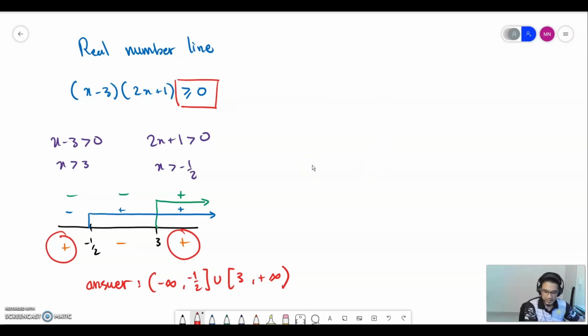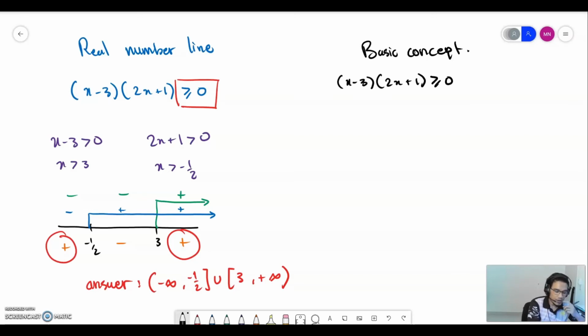Okay, then lastly we solve it by using the basic concept. So for the basic concept, we take the factorization of the equation, x minus 3 times 2x plus 1 bigger than or equal to 0. Okay, you have to remember back the theorem.